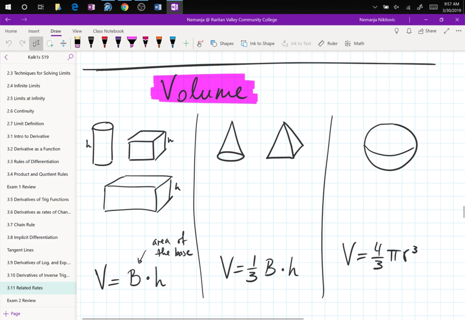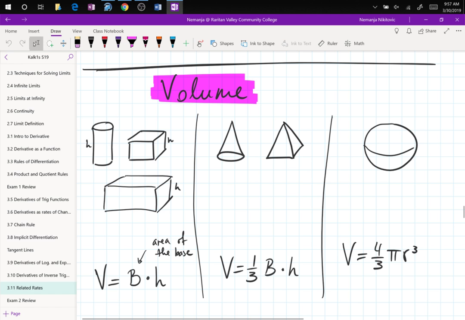So to calculate the volume of the soda can, it's pi r squared times the height of the soda can. If you want to calculate the volume of this room, the base on which the object stands, capital B, the area is length times width, because this is a rectangle, and then times the height of the classroom, in this case 10 feet, right? So you get the volume of that.